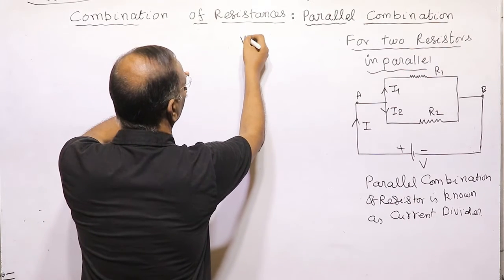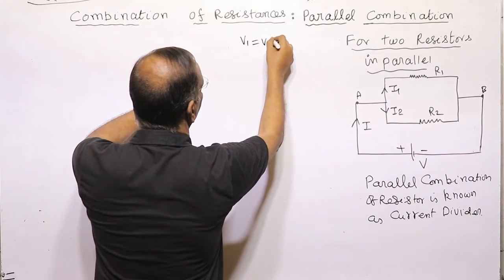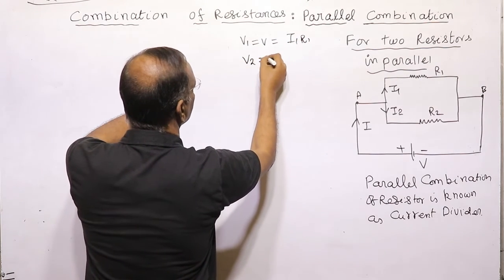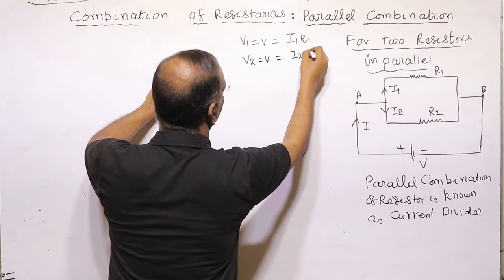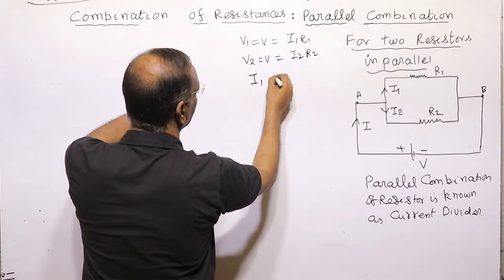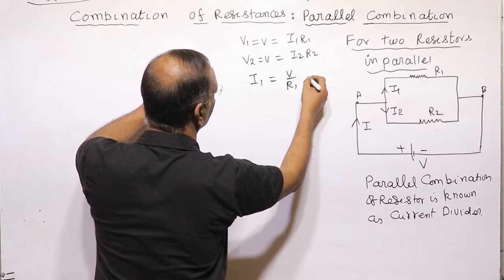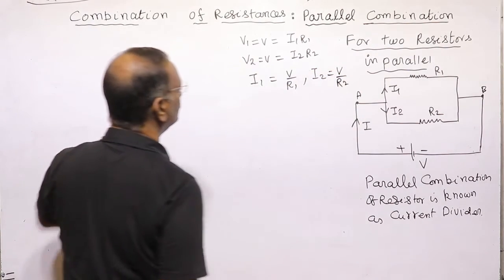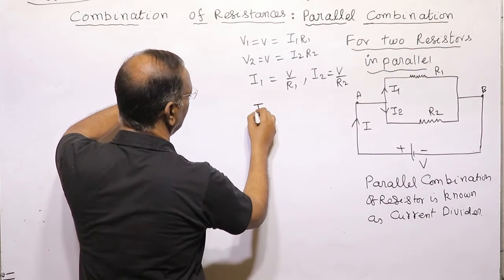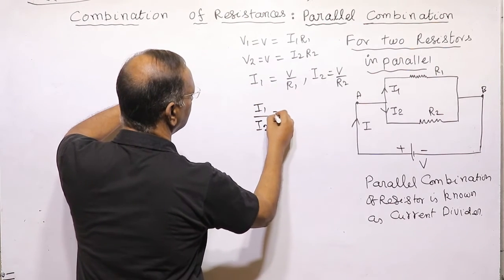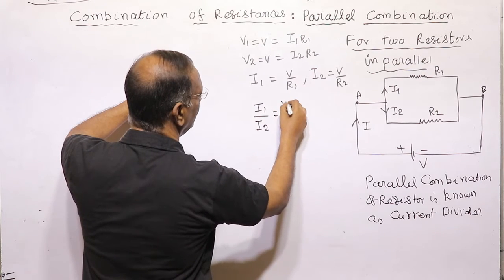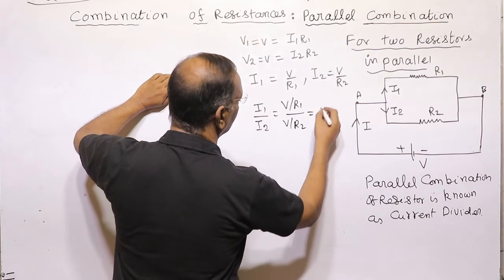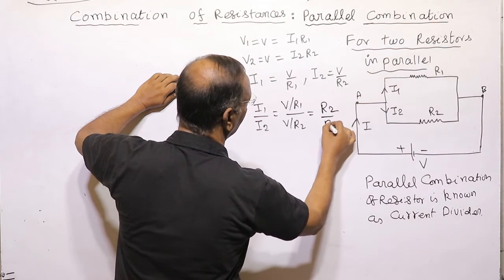We have already seen V1 is equal to V is equal to I1 into R1, and V2 is equal to V is equal to I2 into R2, or I1 is equal to V by R1 and I2 is equal to V by R2. Dividing I1 by I2 is equal to V by R1 divided by V by R2, which is equal to R2 by R1.